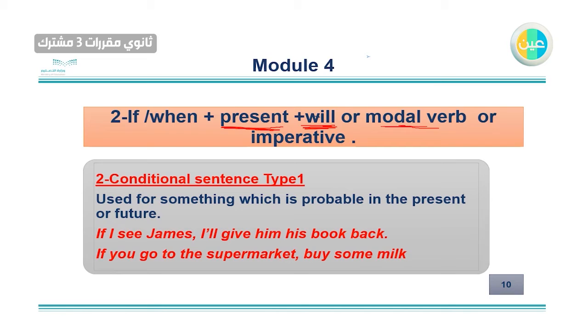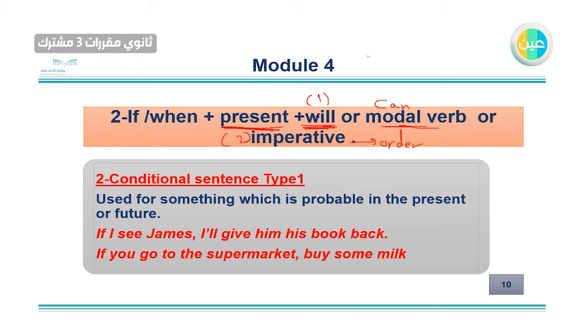Or imperative. What do I mean with imperative? Order. I ask you to do something. So here you have one of these cases. Number 2, you have if plus present. In the other part, maybe you have will or any modal verb, or maybe you have imperative. 2 cases. Will or any modal verb, or the imperative.